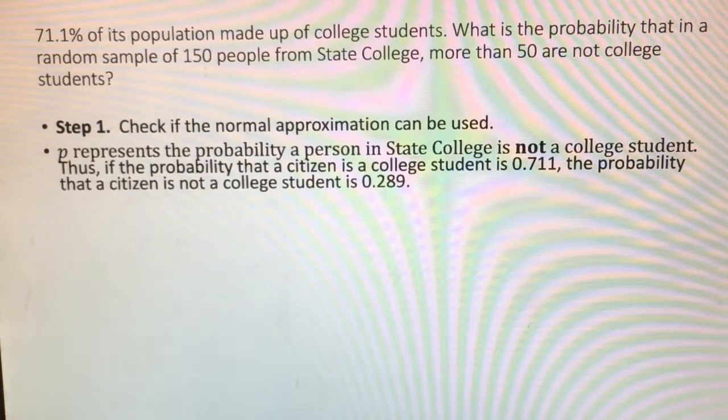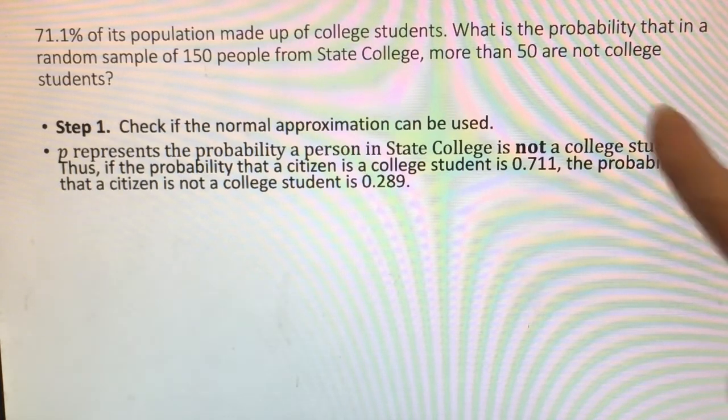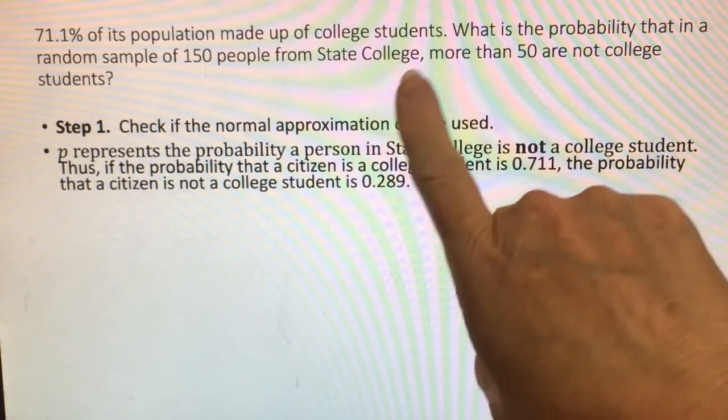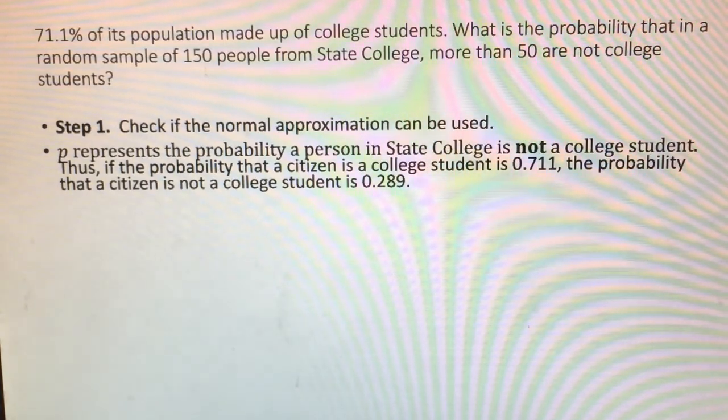Remember that P represents the probability that a person in the college town is not a college student, because that's what we're trying to check here. More than 50 are not. So we have to redefine our definition of success here.